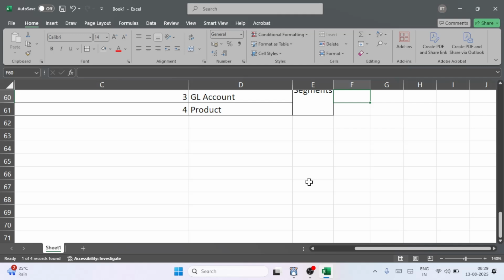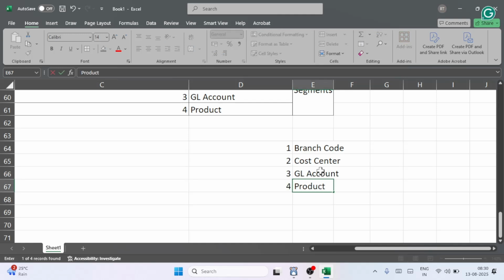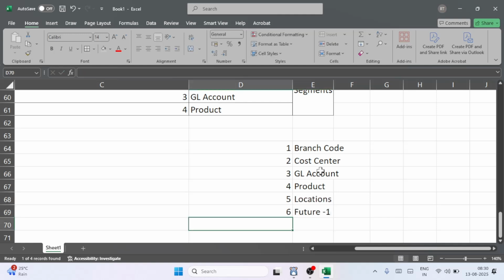Now, if you see, we have four dimensions: transport, cost center, GL account, product, and I want to add another three segments: locations, future one, future two, and future three.